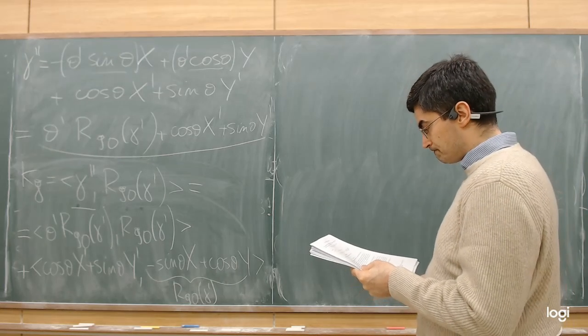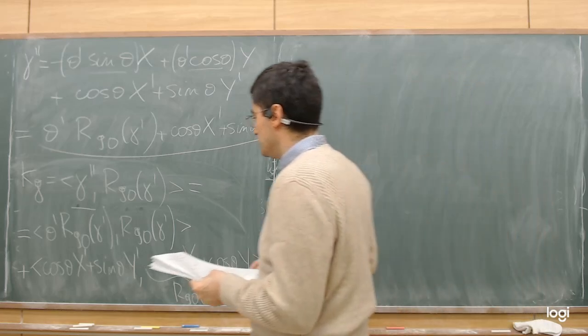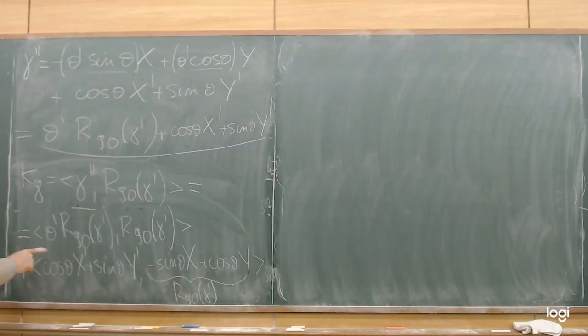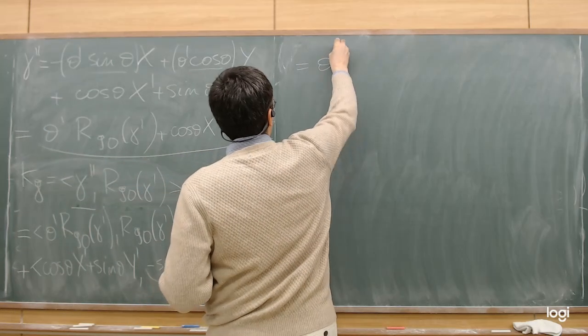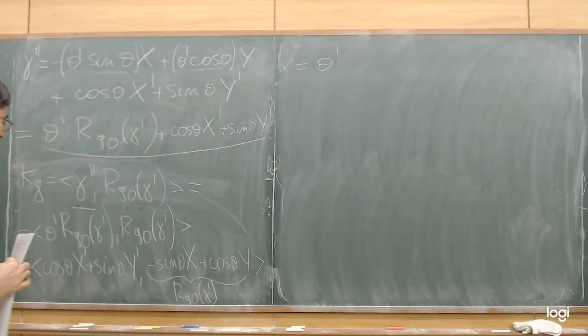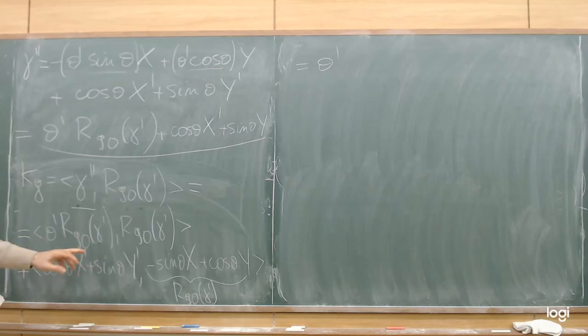Then it remains to multiply these two vectors. It is clear that this is just theta prime, because gamma is a curve parameterized by arc length.